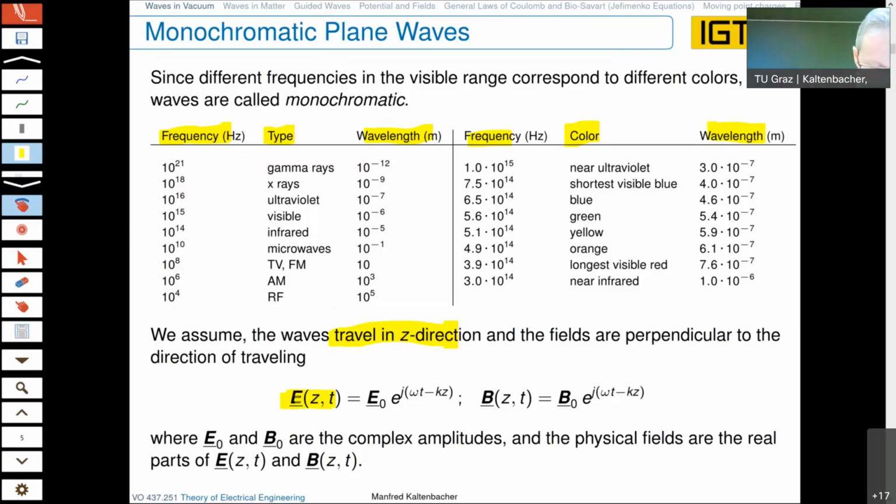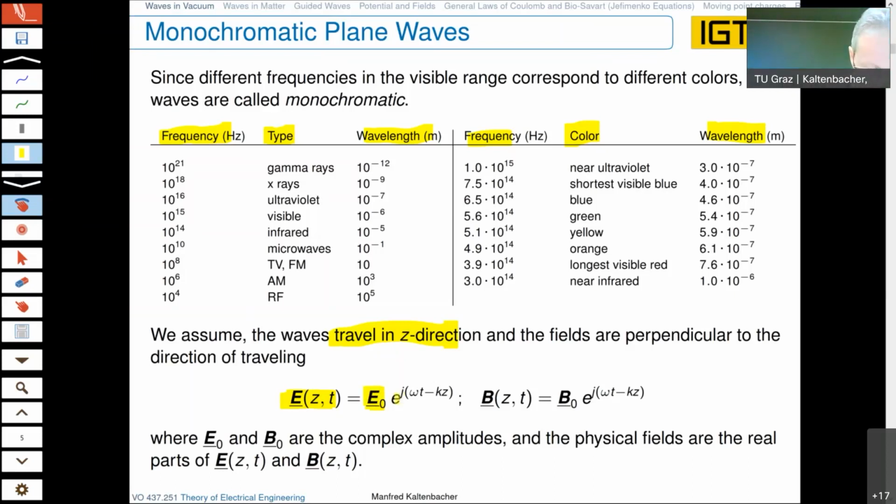And here, as you can see, we have E underline 0, which can have amplitude and phase. Therefore, it's again a complex number. The underline is always the notation for a complex number.